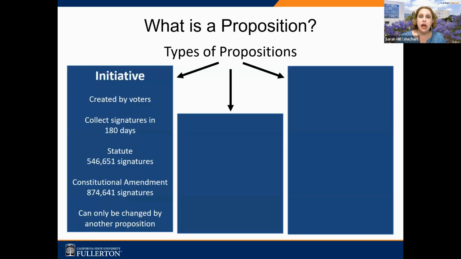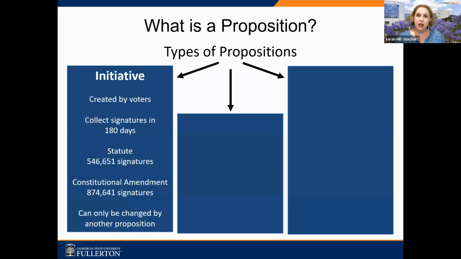So first, and we have 5 of these on the ballot this time, is an initiative. And this is kind of what we traditionally think of as propositions. This is entirely created by the voters. Somebody had an idea that they thought should be a law. They have people stand outside of Target and Walmart and get signatures. They have to collect almost 550,000 signatures in 180 days.